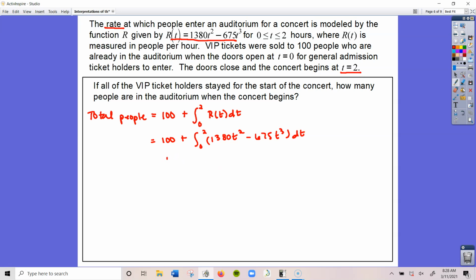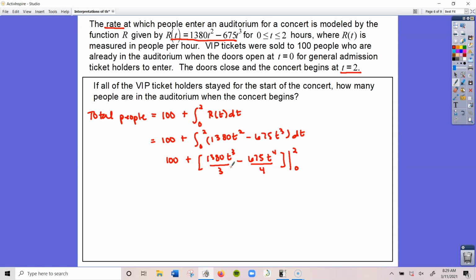So when we integrate, we have 100 plus 1,380 t to the third over 3 minus 675 t to the fourth divided by 4. And we would evaluate that from 0 to 2.